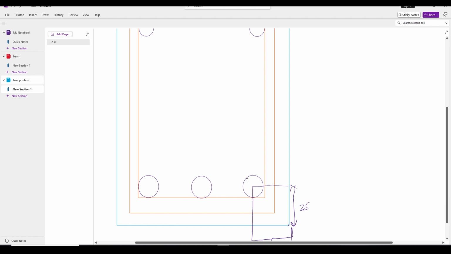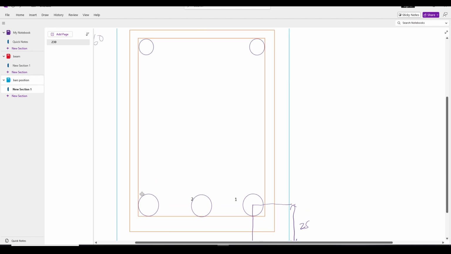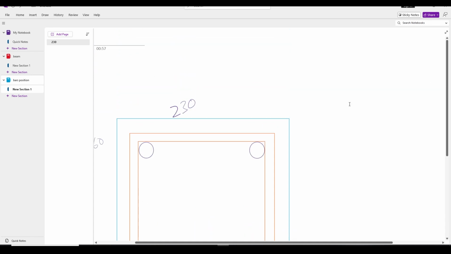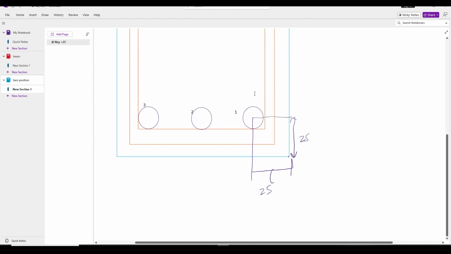This bar is 1, this is 2, and this will be 3. So here we can write bar number 1, x equals 25 mm, y equals 25 mm. No problem. And for bar number 3, first we will calculate bar number 3.